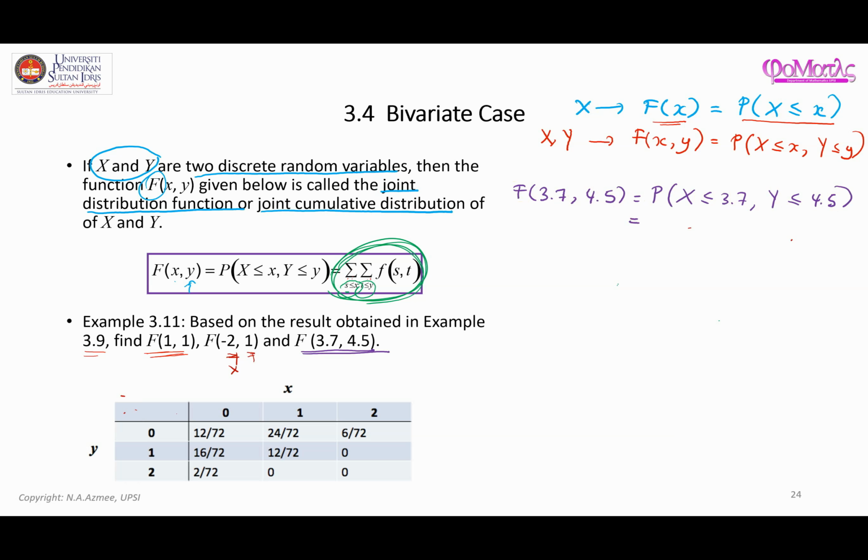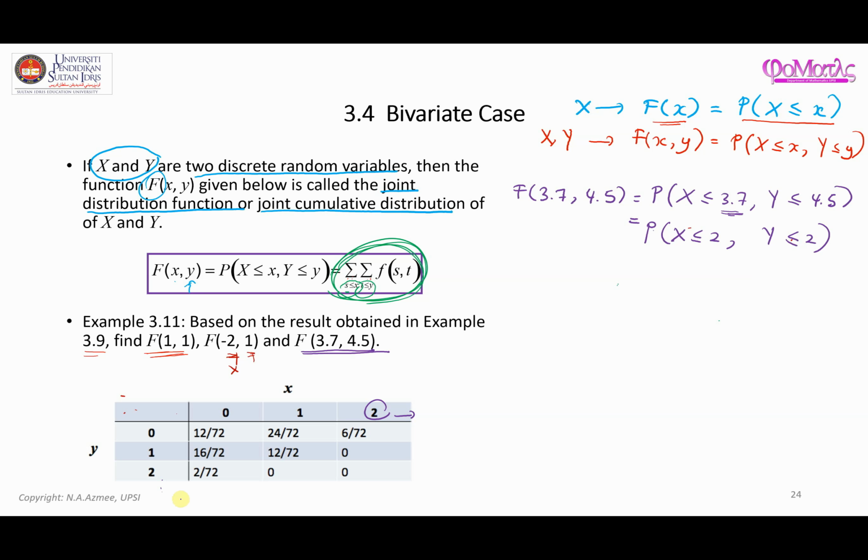And since this is a discrete case, we can go to the highest value of x, because 3.7 already exceeds x. The highest value of x here is 2, so this can be written as finding the probability of x less than or equal to 2, and 4.5 already exceeds the highest value of y, so here we can say y is equal to 2 as well. So that is what we can do for this question.